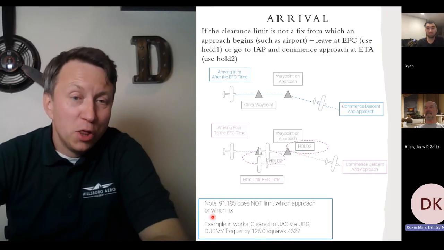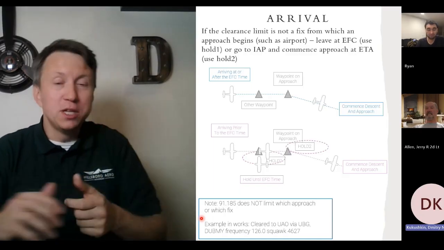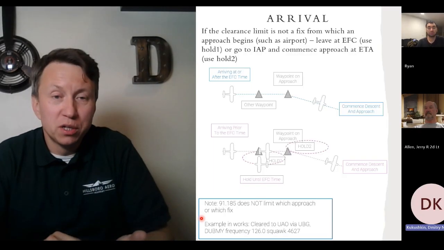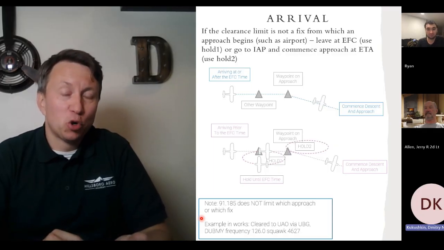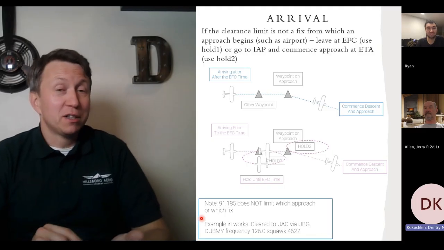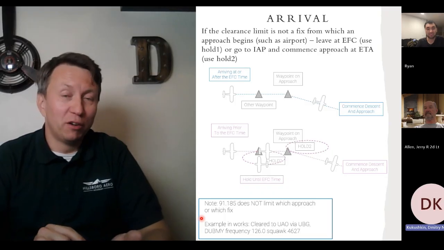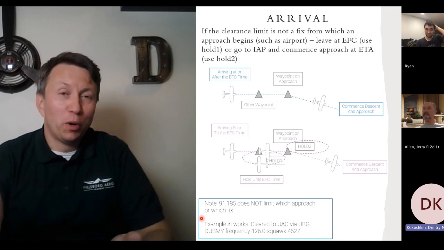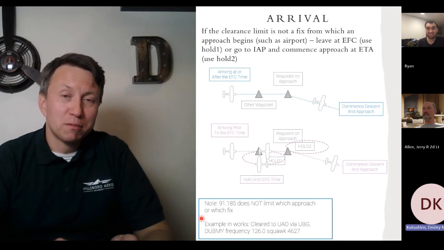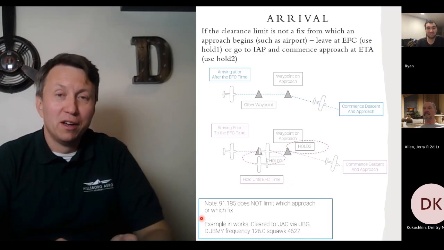Now, note here, the 91.185 does not limit which approach you would use or which fix you would select as initial approach, which also means suddenly this situation became really hard for both the approach controller and the pilot. You're looking at an airport with 5 different approaches, different approach fixes, and your clearance limit is an airport.